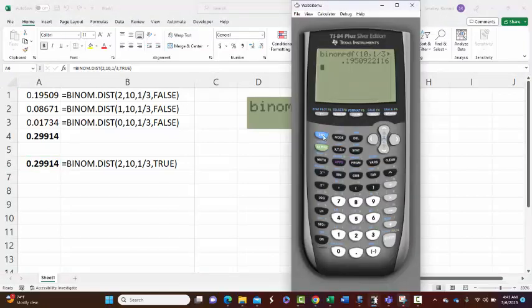Now let me show you over here the calculator. If I go second vars, I'm not going to do the 0, the all 2, 2, 1, 0 for this one. I'm just going to show you the CDF. Okay, 10 trials, P is 1/3, and it's 2.